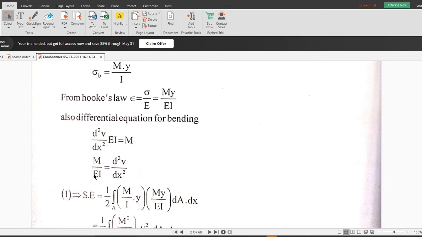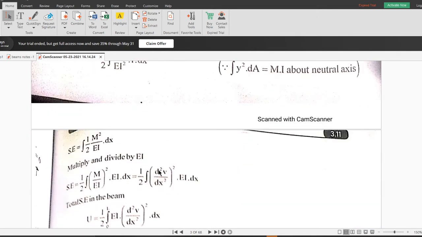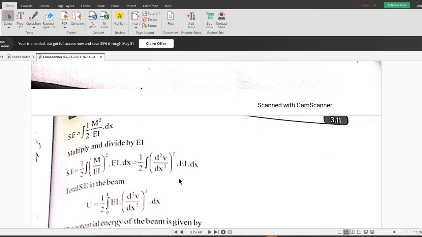According to the bending differential equation, M by EI is d square v by dx square. So in place of M by EI, I substitute d square v by dx square, whole square, into EI dx.